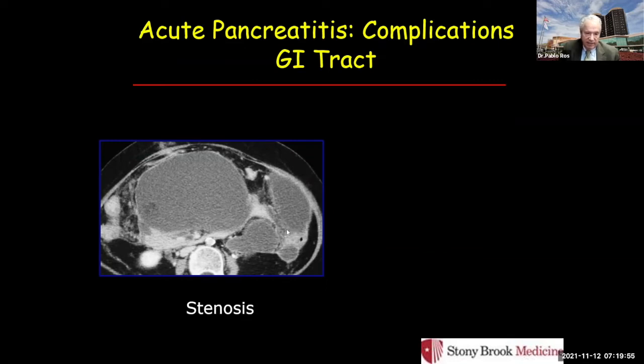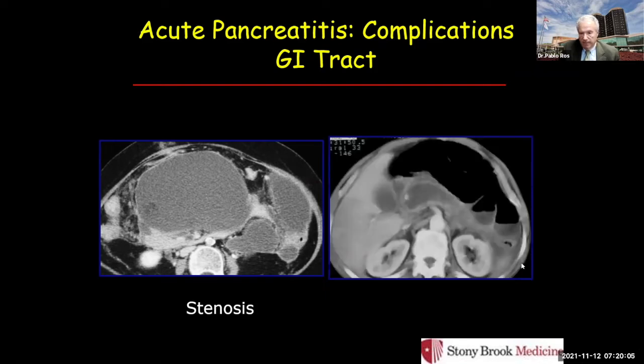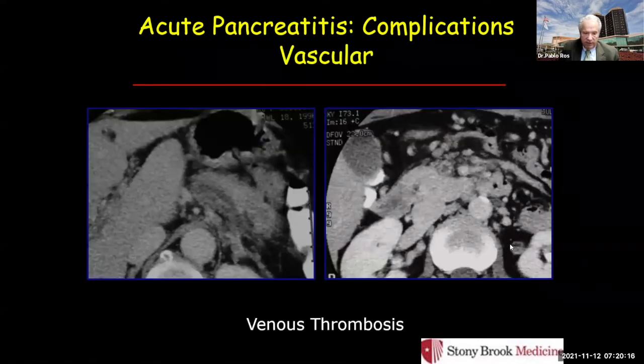And that is what we see here, large peripancreatic phlegmonous collections involving the splenic flexure. And here, marked stenosis of the same with marked proximal dilatation. So this would be the CT appearance of the colon cutoff sign with obstruction here.